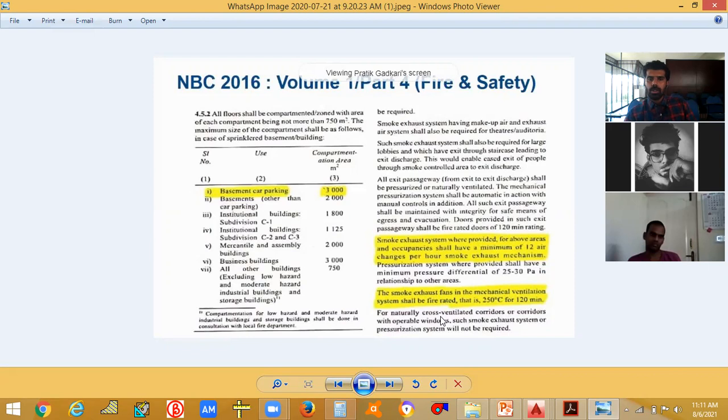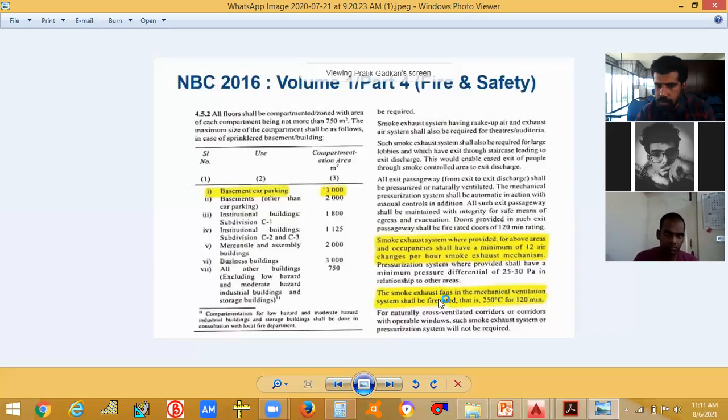If you want to write, you can highlight and write. It will be useful for you also. The basement car parking compartment area is 3,000 square meters. Smoke exhaust system is provided for the above areas, and shall have a minimum of 12 air changes per hour. When it comes to the smoke exhaust fan, the mechanical ventilation system shall be fire rated. You should be concerned about that also.